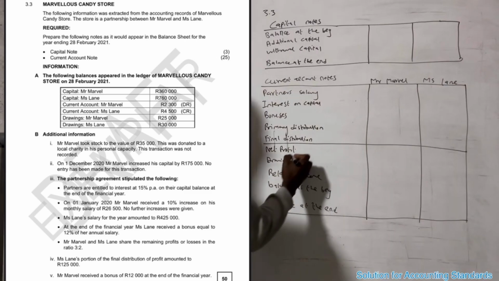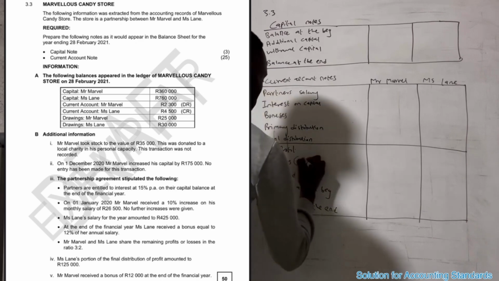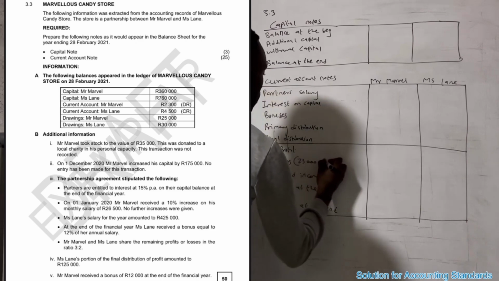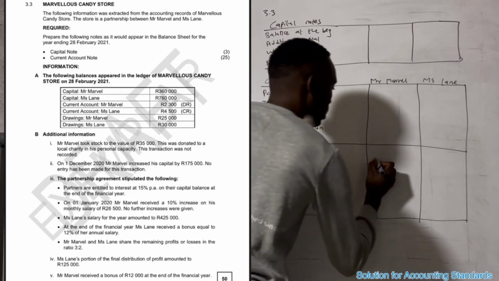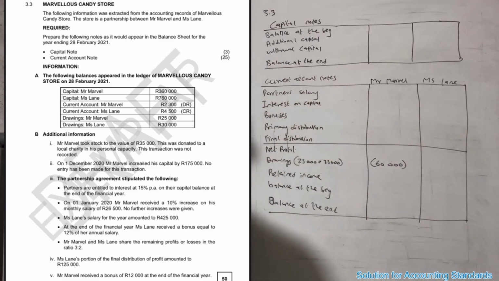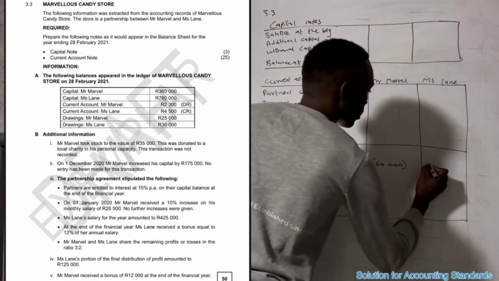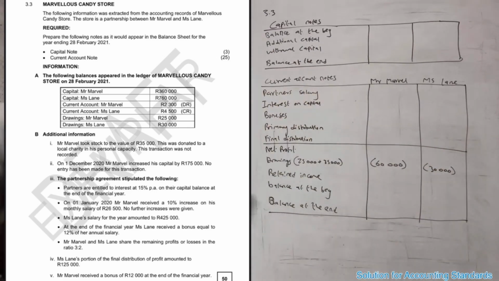Okay, drawings for Marvel. Initially he withdrew 25,000 at the beginning, to which we have to add 35,000 that he withdrew during the year, which was not recorded, which is going to give us 60,000. And Mrs. Lane never withdrew anything again. It's only 30,000 at the beginning.